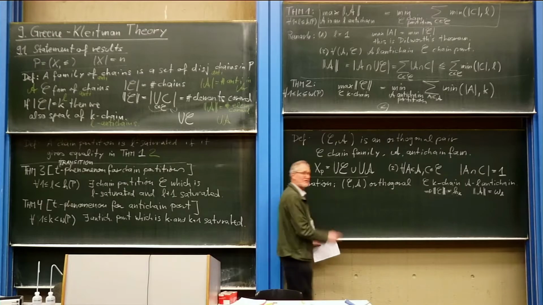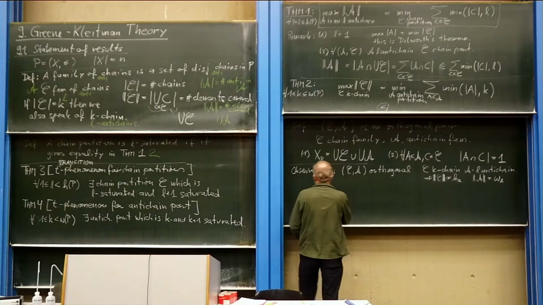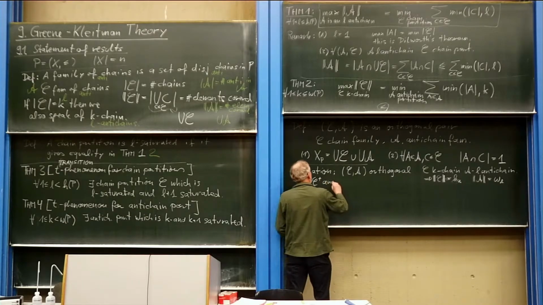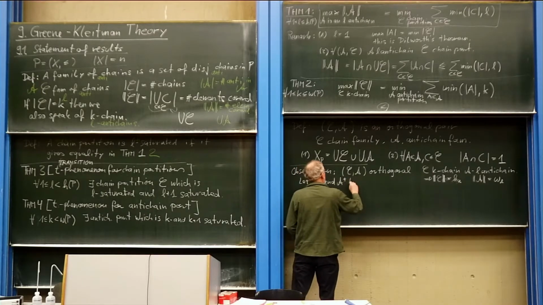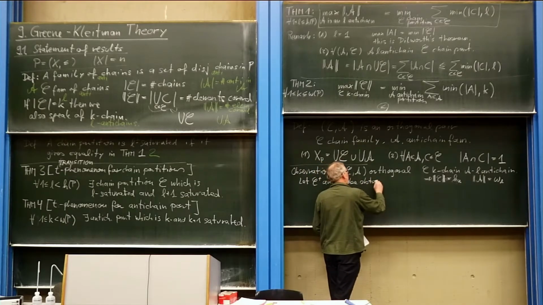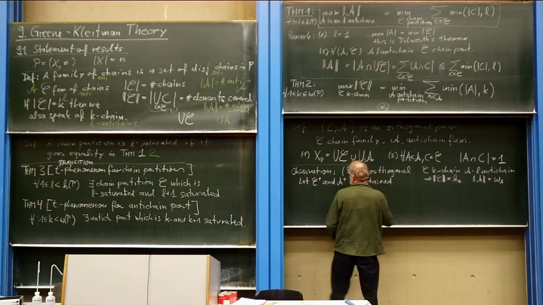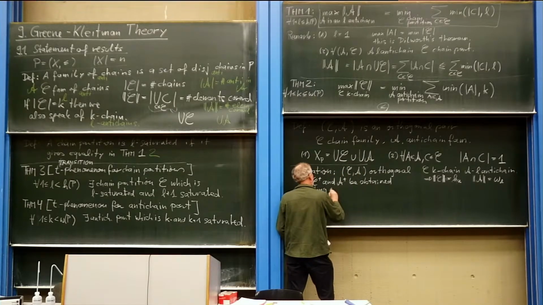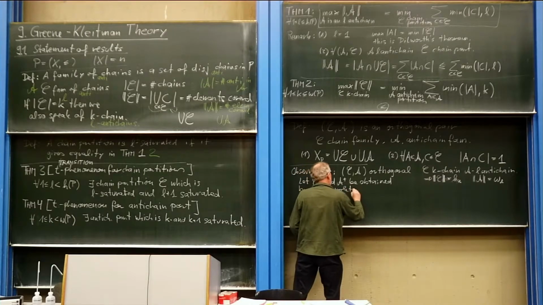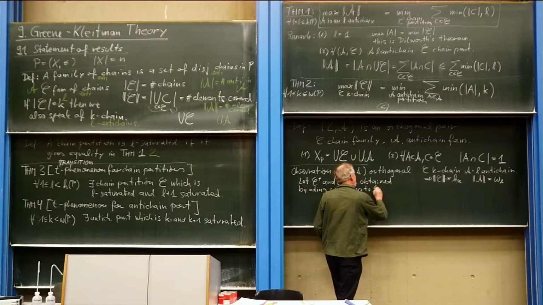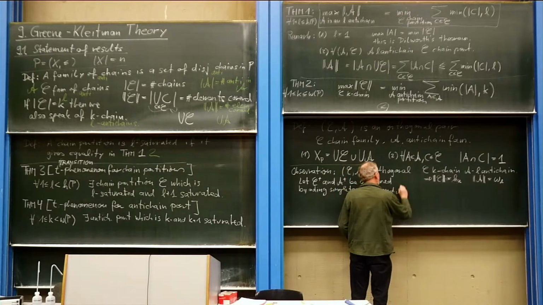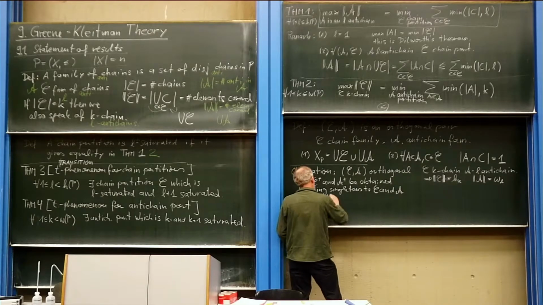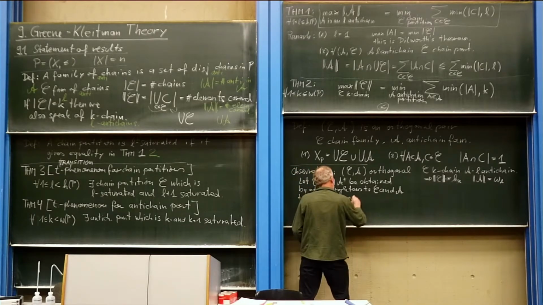And to see this, let C plus and A plus be obtained by adding singletons to C and A respectively to make them partitions.